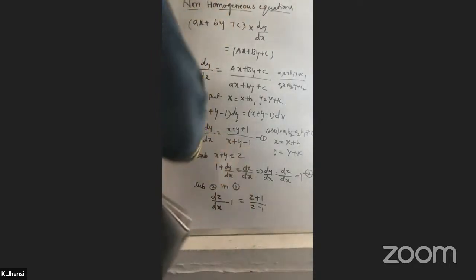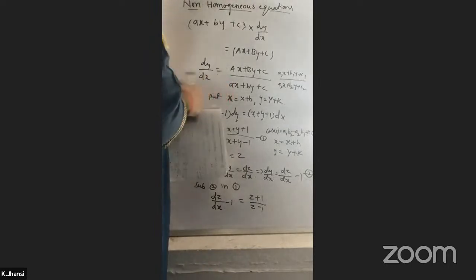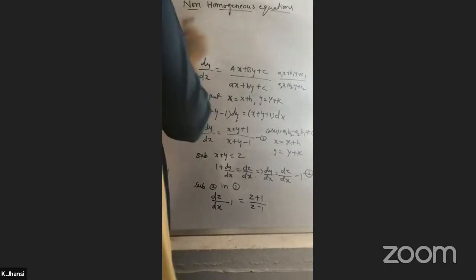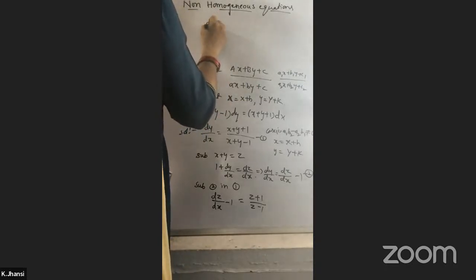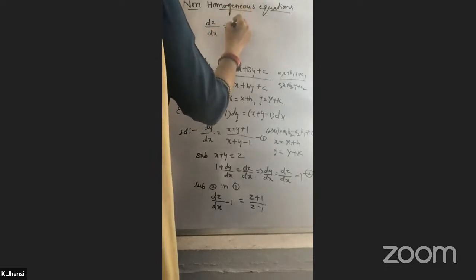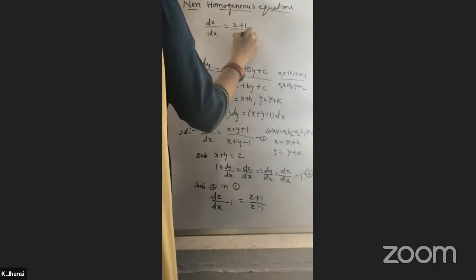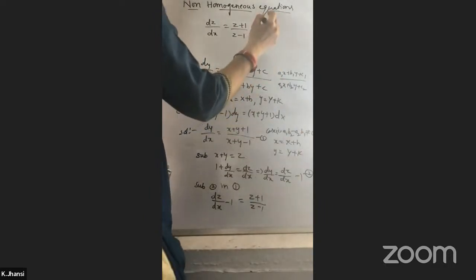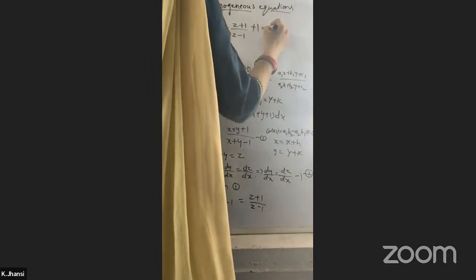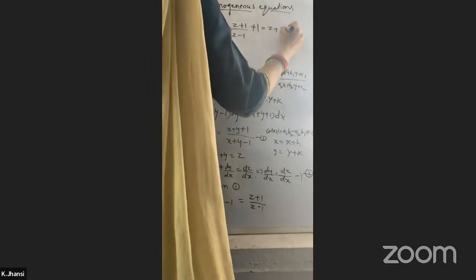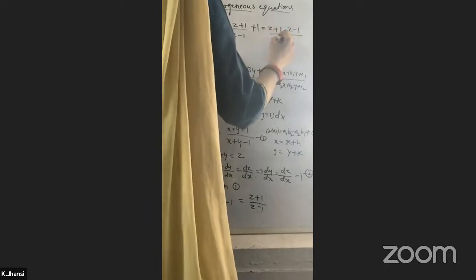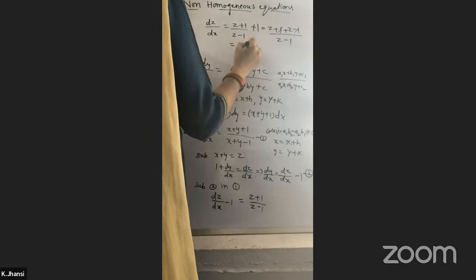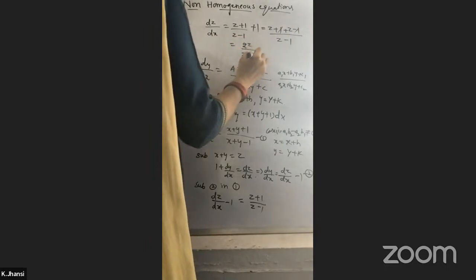Now dz by dx is equal to z plus 1 by z minus 1, minus 1. Sorry, plus 1. If it goes to that side, it becomes plus 1. Now we do the simplification. If you do the cross multiplication, it is z plus 1 plus z minus 1 by z minus 1. So 1 gets cancelled, and it is equal to 2z by z minus 1.